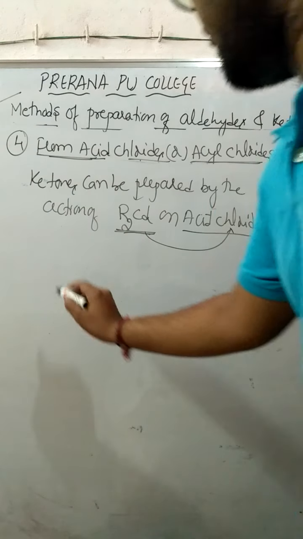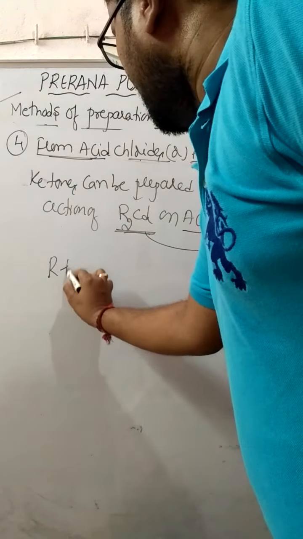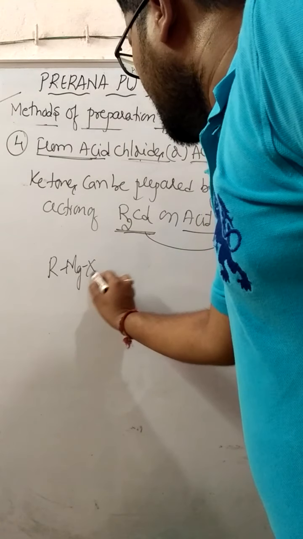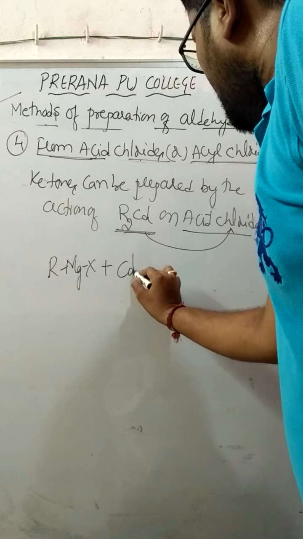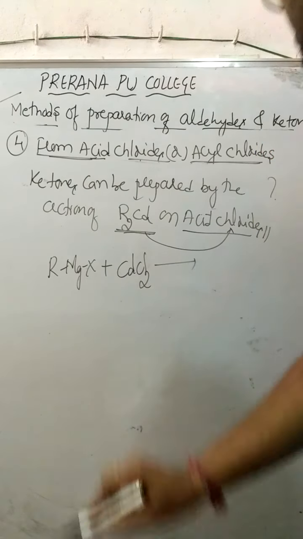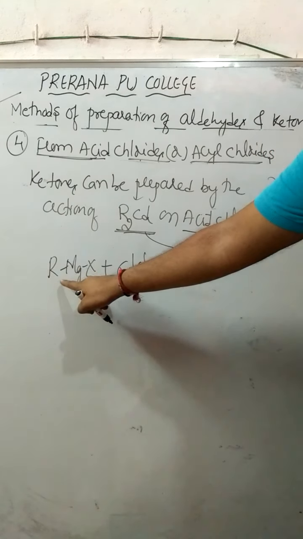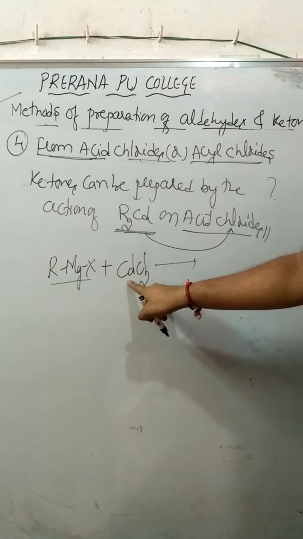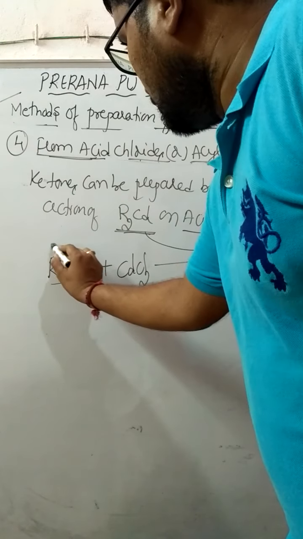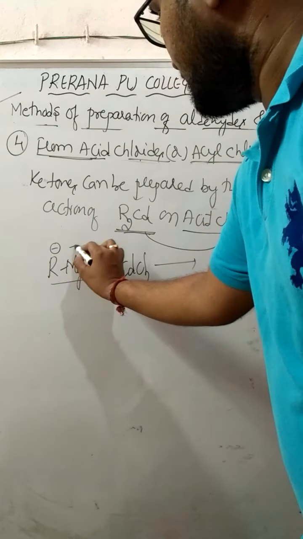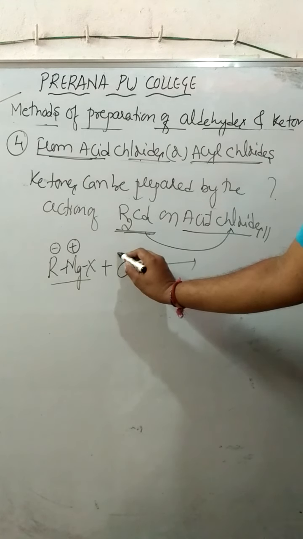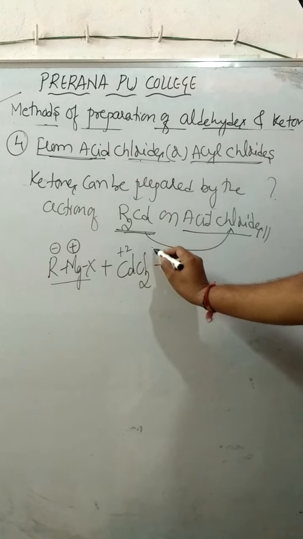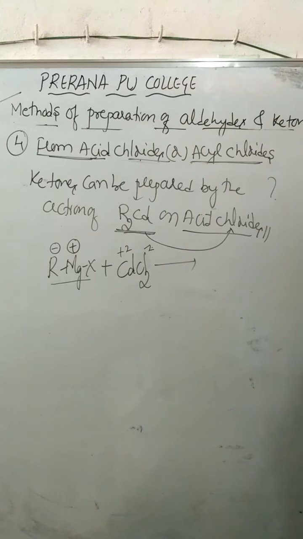Dialkyl cadmium can be prepared when a Grignard reagent, that is RMgX, is made to react with cadmium chloride. When Grignard reagent reacts with cadmium chloride, we know that Grignard reagent ionizes as R minus and MgX plus. This cadmium chloride ionizes as Cd plus 2 as well as Cl minus 2.